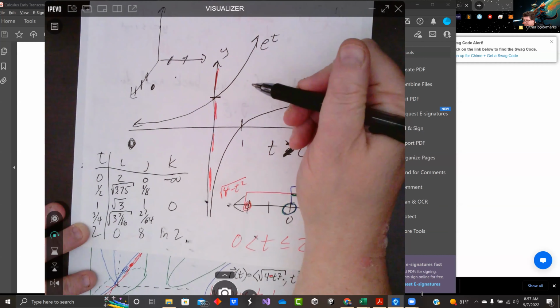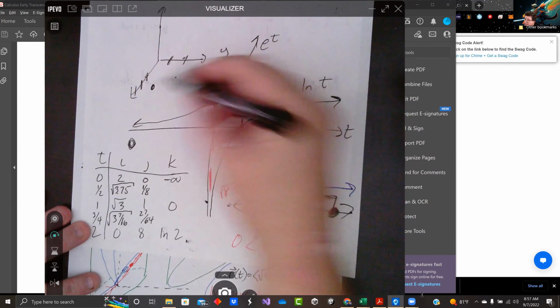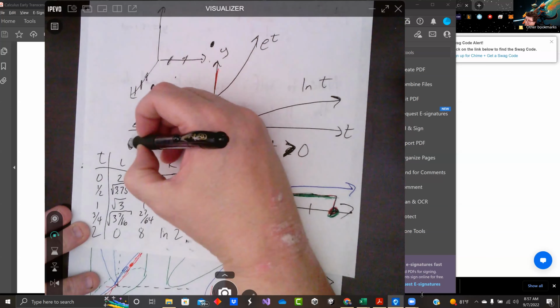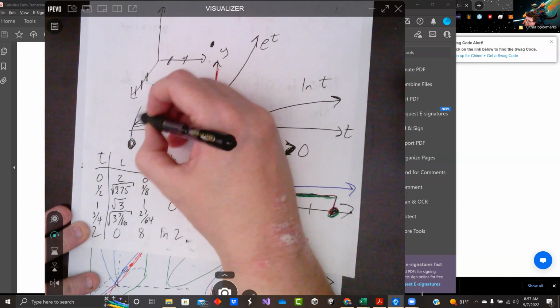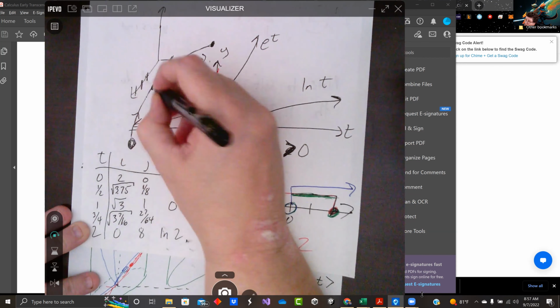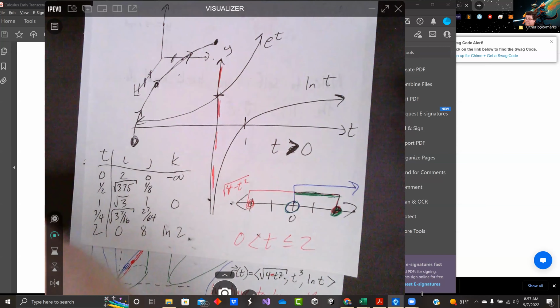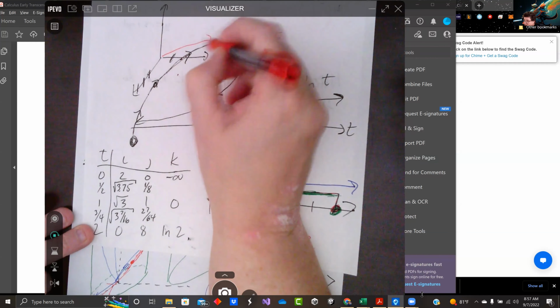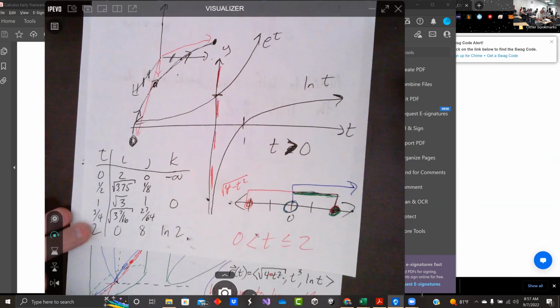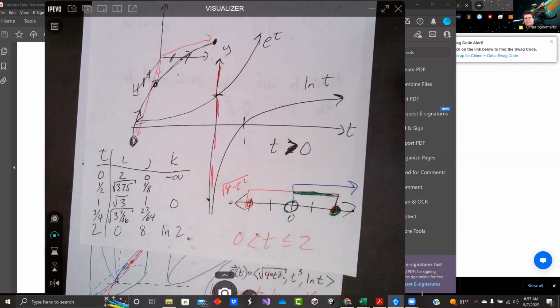And then I got 0, 8 way over here, natural log of 2. So maybe it's making some curvature thing. Kind of a pain in the butt, huh? Yeah, that worked.